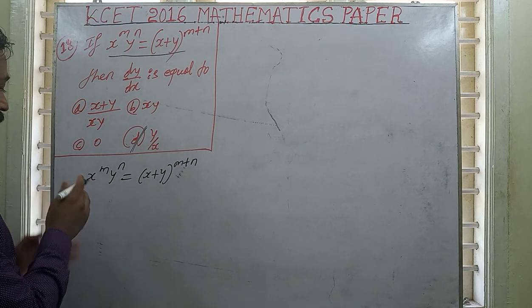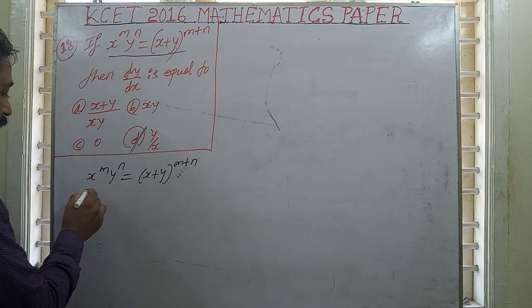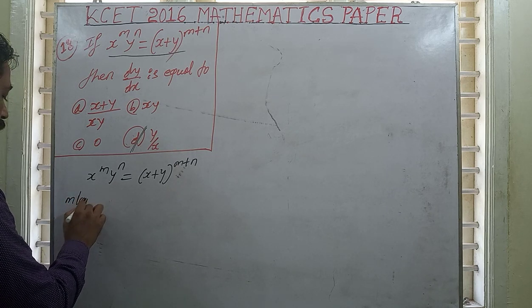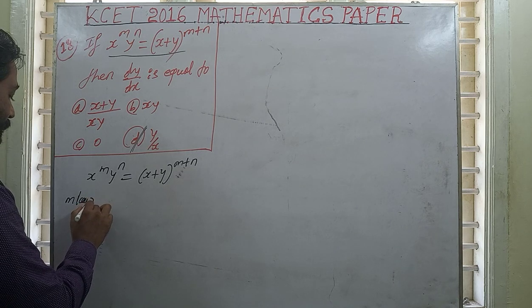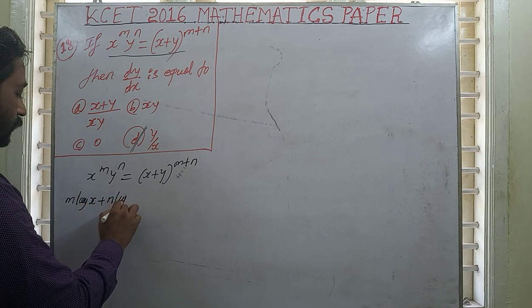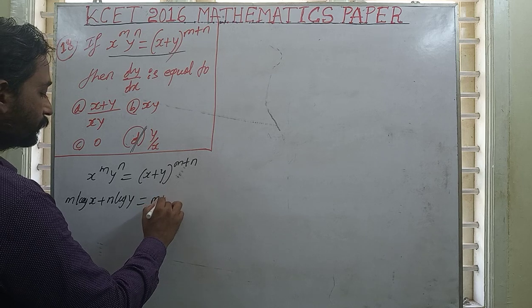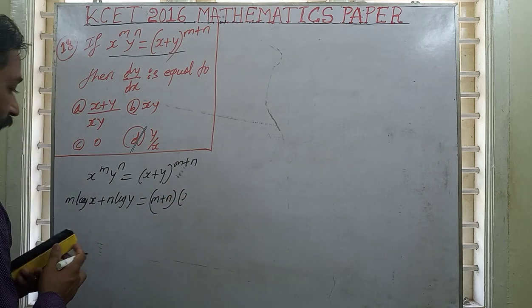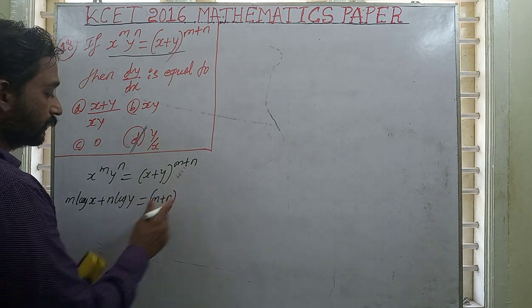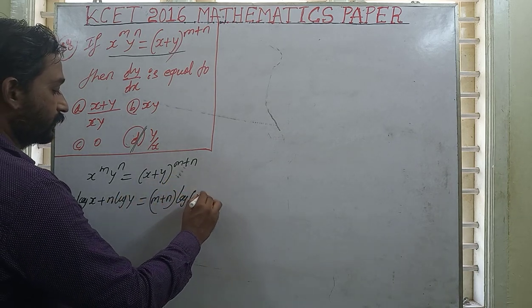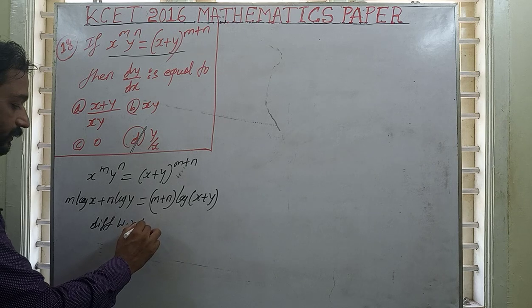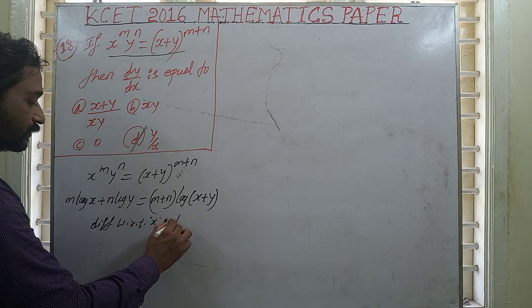So apply log on both sides, using logarithmic formulas: m log x plus n log y is equal to m plus n into log of x plus y. This becomes this type. Okay, so now differentiate with respect to x on both sides.